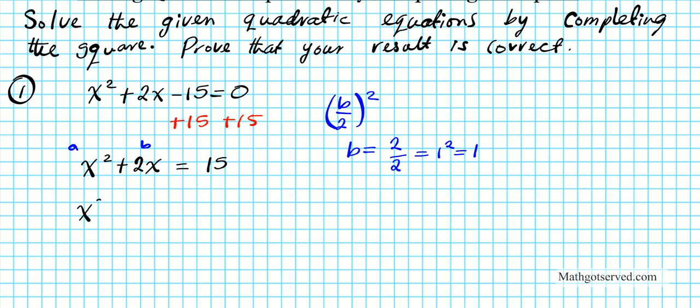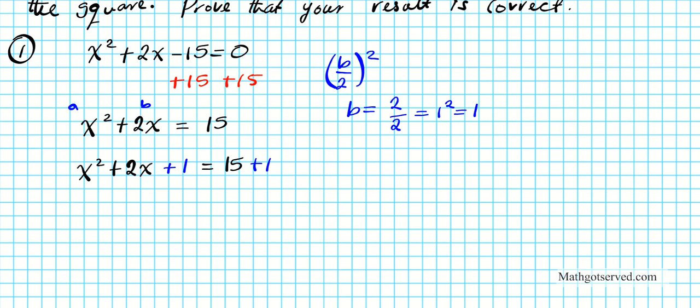So we're going to have x squared plus 2x plus 1, this one that we generated here, equals 15. Since I added 1 to the left side of the equation, to preserve equality, I have to add 1 to the right side. All right? Now that we have a perfect square trinomial on the left side, I'm going to use a factoring trick for perfect square trinomials.